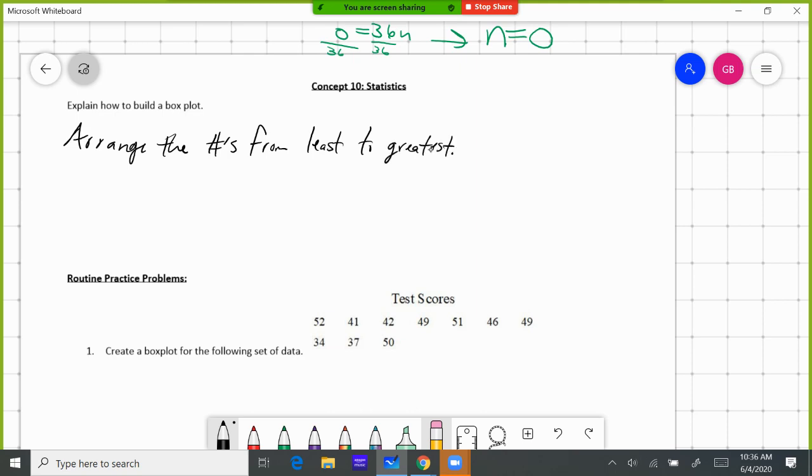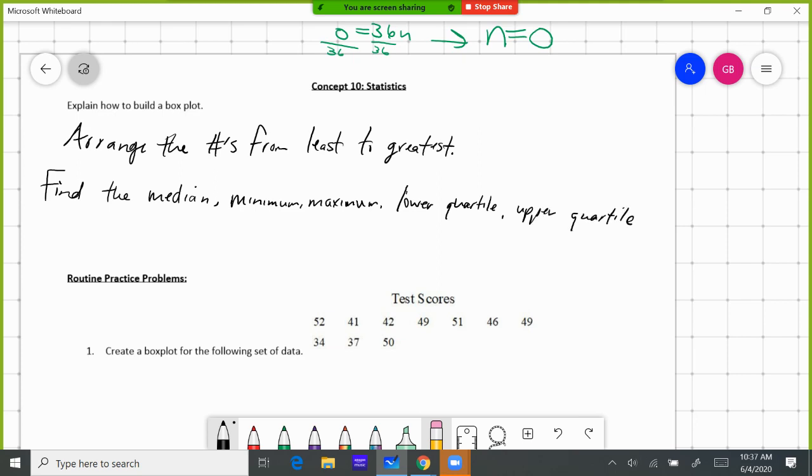Then you're going to find the median, the minimum, which is the smallest number, the maximum, which is the largest number, the lower quartile, and the upper quartile.